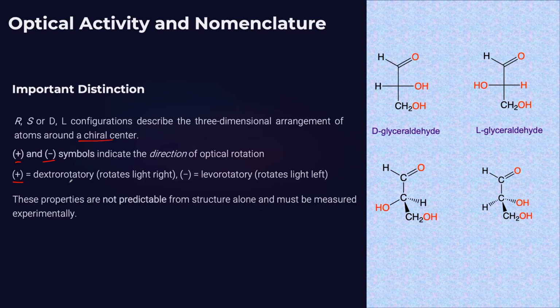Plus means dextrorotatory, that rotates the plane polarized light towards the right. Minus means levorotatory, that rotates the plane polarized light to the left. These properties are not predictable from structure alone. This must be measured using optical rotation using a dedicated instrument.